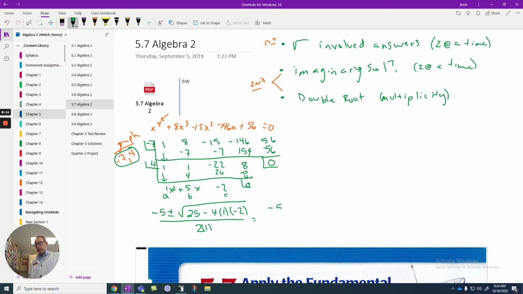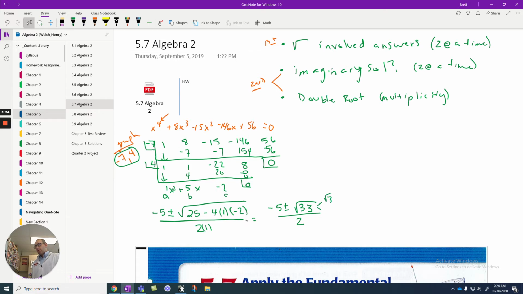This is going to be negative 5 plus or minus the square root of, and I would put all this in the calculator. 25 minus 4 times 1 times negative 2 comes out to be 33. Okay? All over 2.